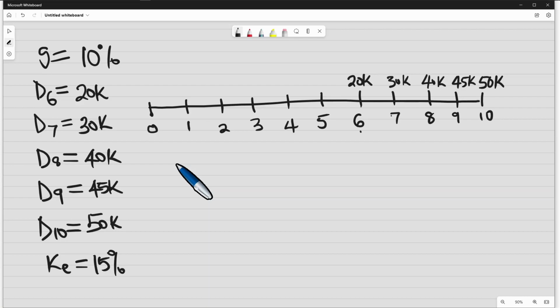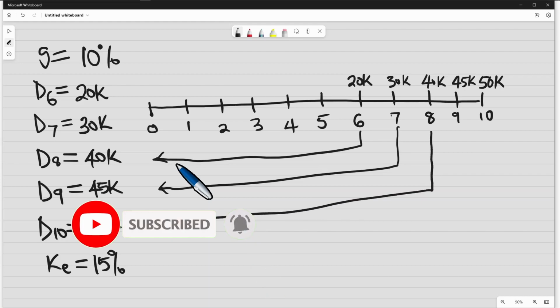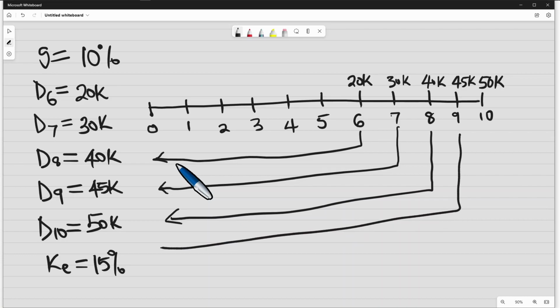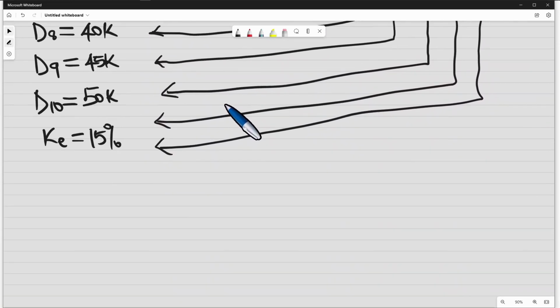So find the present value up to this point. Find the present value of each of these. Then we add them. Then we find the price at this point. So let's find the present value using our cost of capital.